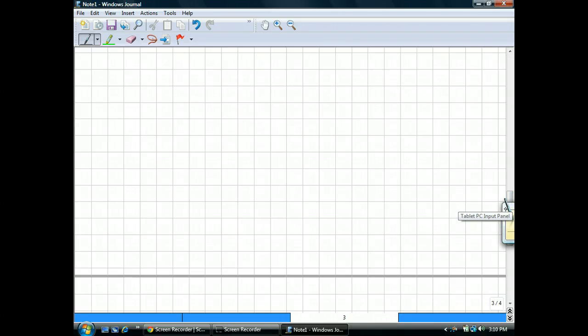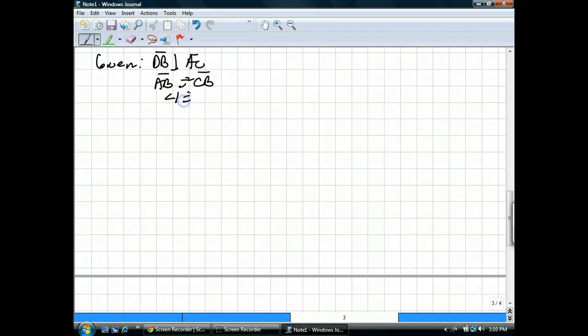Okay, so in this one, our given is that segment DB is perpendicular to segment AC, and segment AB is congruent to segment CB. And angle 1 is congruent to angle 2. Prove that segment XB is congruent to segment YB.